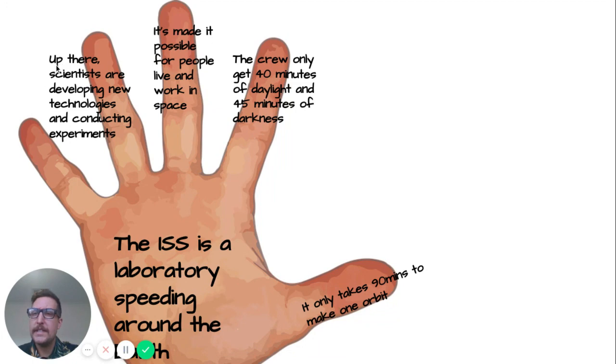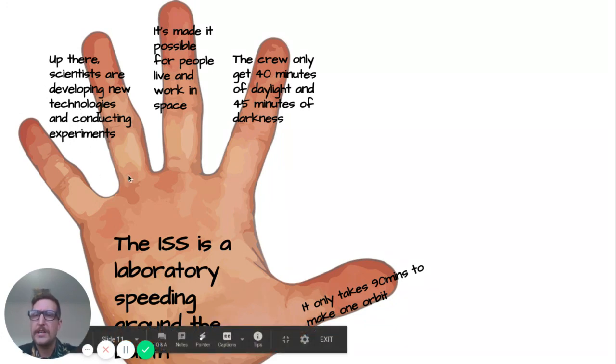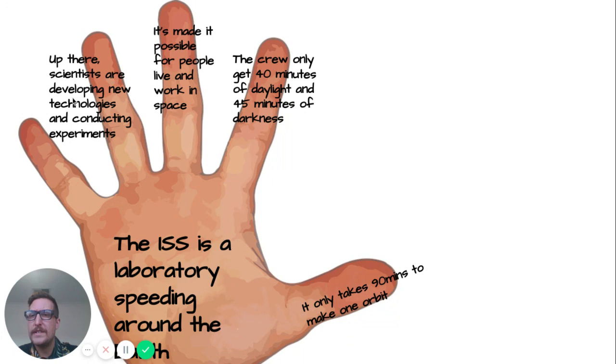Over here, it says up there, scientists are developing new technologies and conducting experiments. Now that backs up the idea that it's a laboratory. But I'm thinking that these two supporting details are very similar, and if I included both of them as they are in my summary, it would sound a bit repetitive.